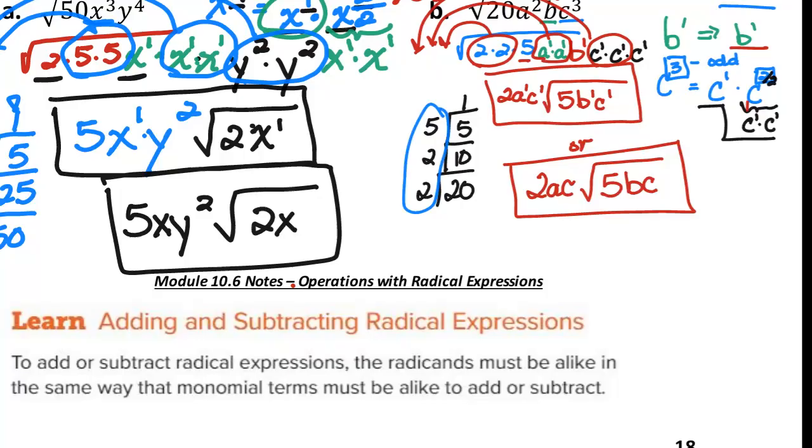I'll do one more. So I want the square root of 20, let's say x to the 7th, y to the 3rd, z. Okay? 20, x to the 7th, oh wait, I don't want that. Why don't I want that? Because one of them is not even.